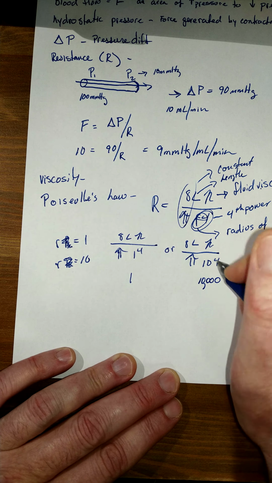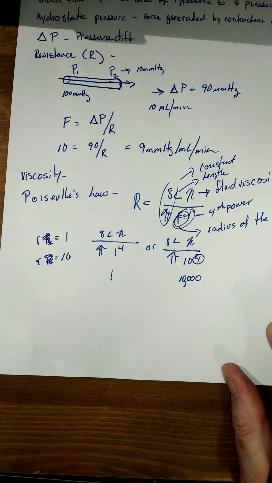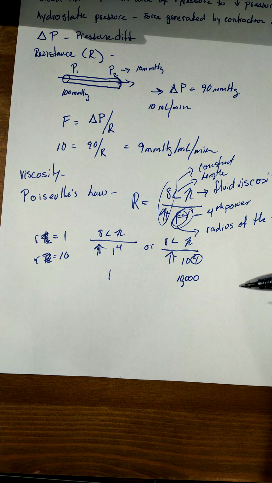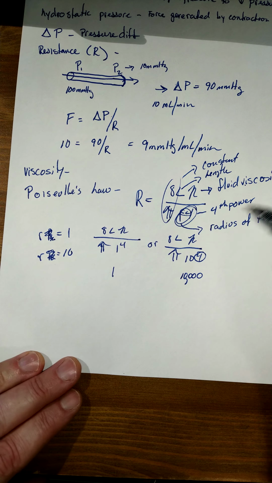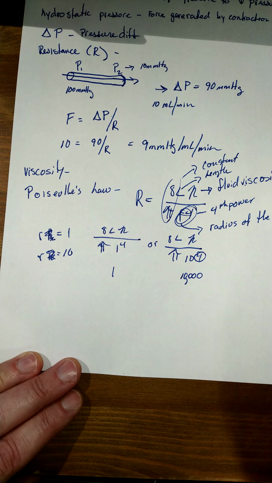So you can see this portion right here has a great effect on flow rate. The radius of our tube is going to be our greatest determinant on how much flow goes through our tube at this point.